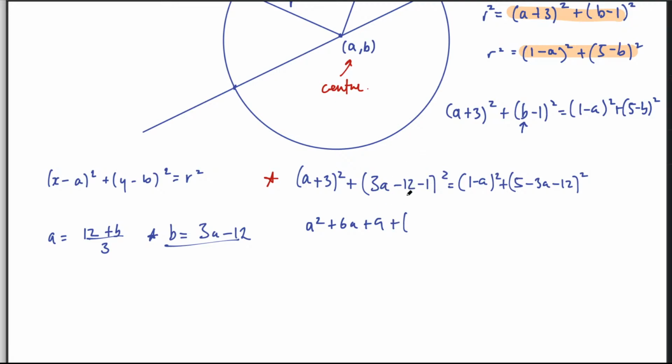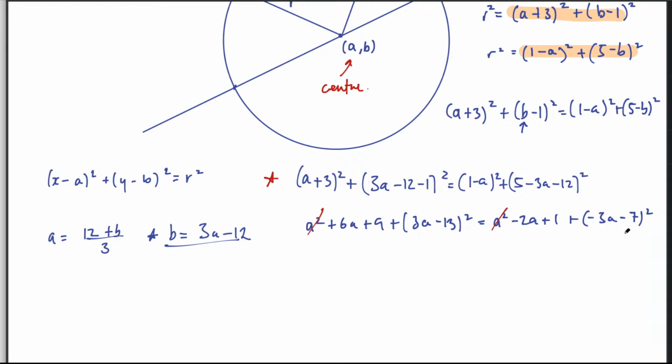This is 3a take 13 squared equal to a squared take 2a plus 1 plus -3a take 7 all squared. They would cancel.